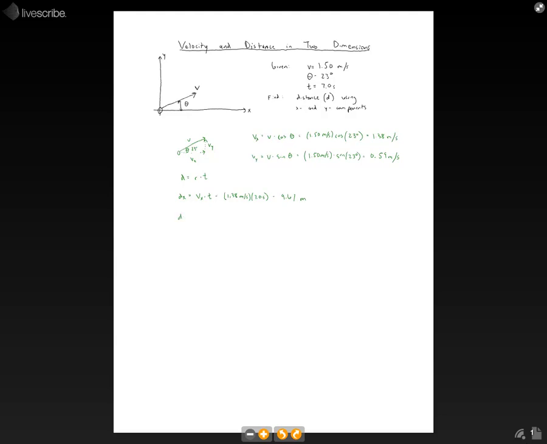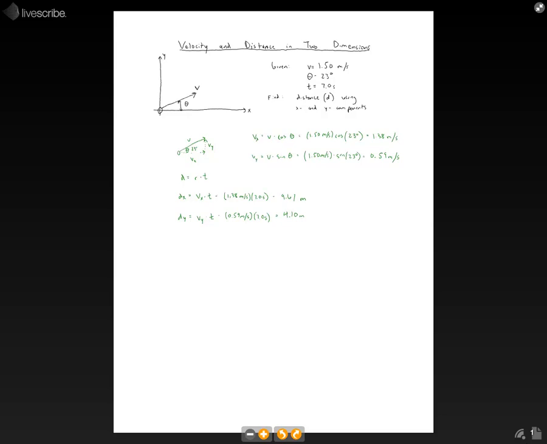Now we'll do the same thing for the distance in the y direction, which should be equal to the velocity in the y direction multiplied by time. Substitute that information and calculate that, and that should come out to be about 4.10 meters.